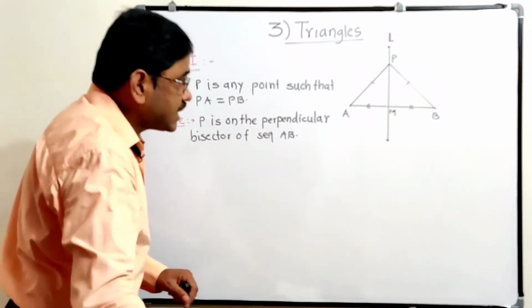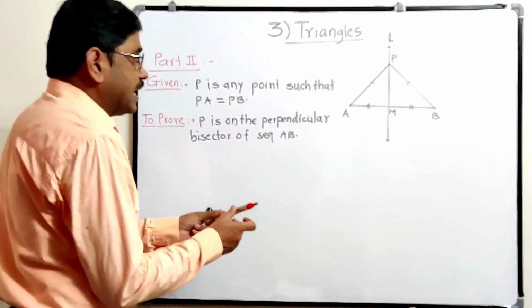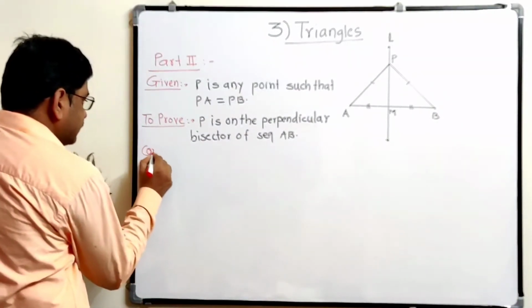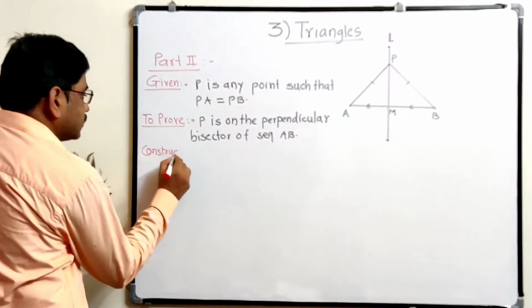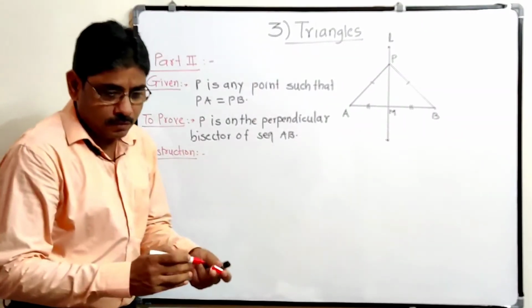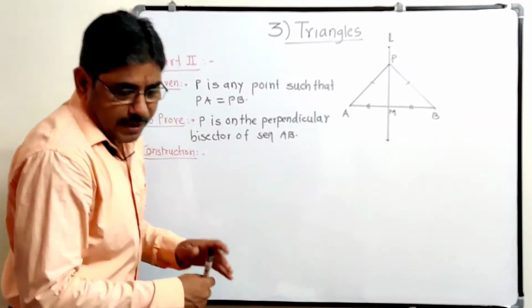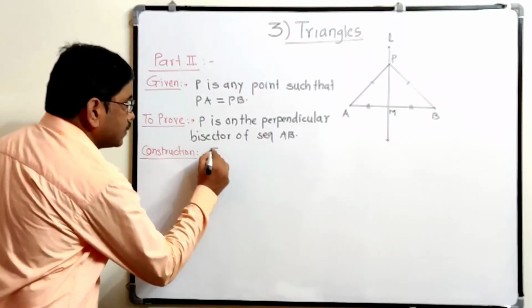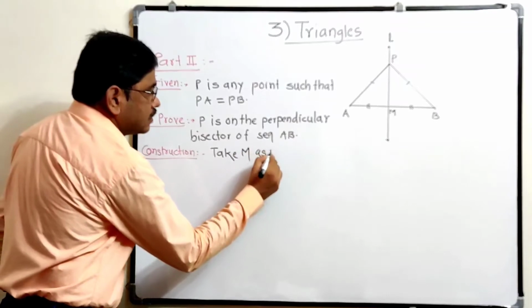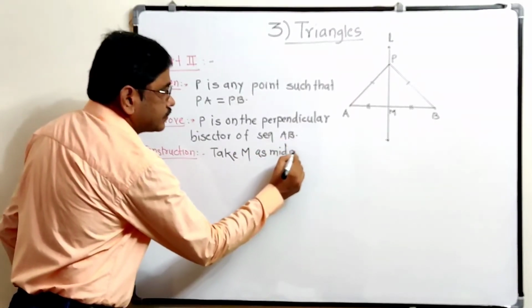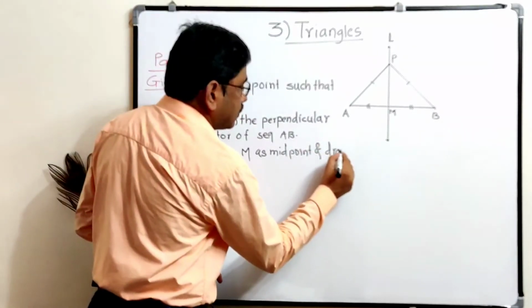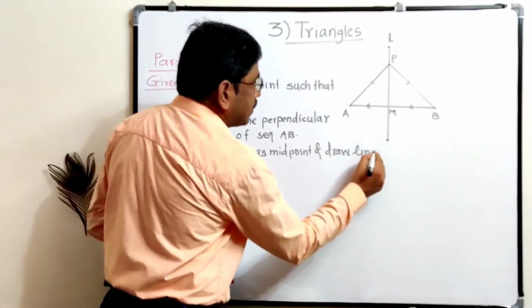Now here a construction is there. M is the midpoint of that AB. Take M as a midpoint. So here construction: take midpoint M, and draw line PM.